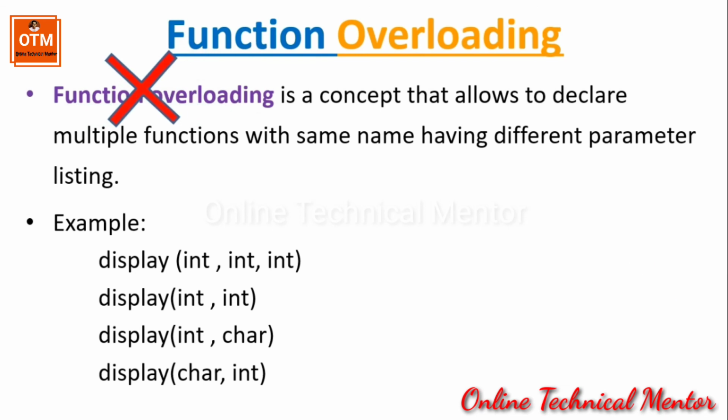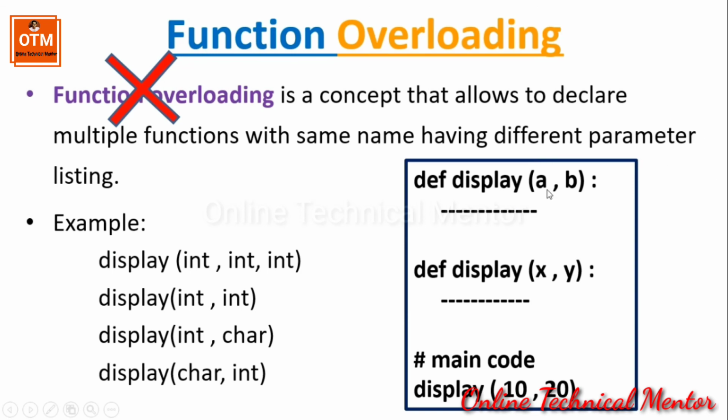Why? Let me show you an example. Look at this Python code. Suppose this Python code contains 2 display functions, def display a comma b, def display x comma y. So when we call this display function from within the main code, suppose we pass the 2 integer values 10 and 20.